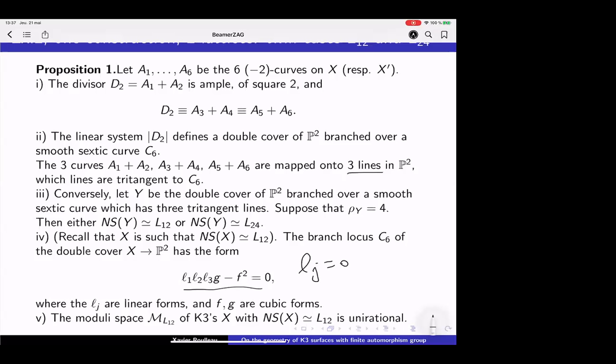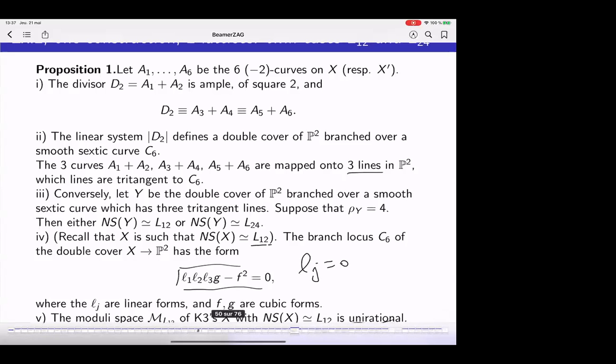So finding a surface with Néron-Severi group L12 is the same as having such an equation, and this is a rational parameterization, so you conclude that your moduli space is unirational.